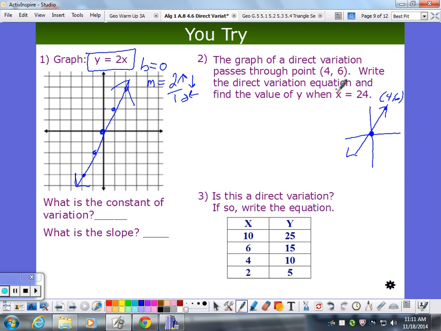So it's two parts. First, let's find the direct variation equation. This is a direct variation equation, y equals kx. So basically, all I have to do is find the value of k and plug it in. How can I find the value of k if I know one of the points is 4, 6? If y is kx, solve for k.